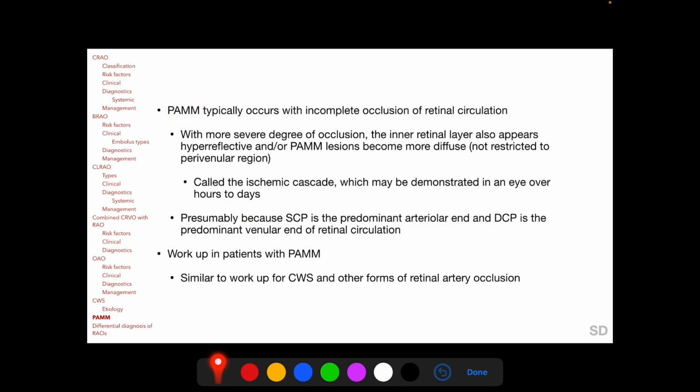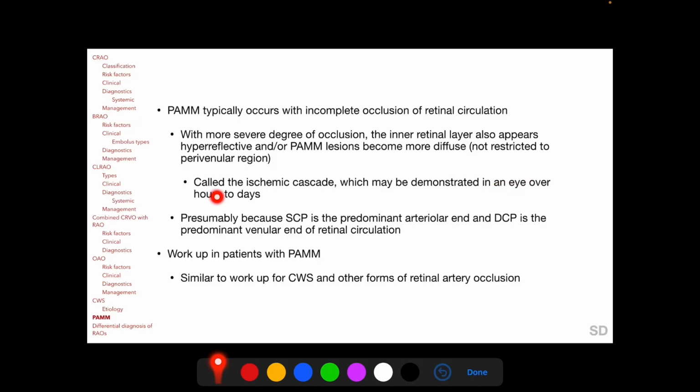PAMM typically occurs with incomplete occlusion in the retinal circulation, and with more severe degrees of occlusion, the inner retinal layer also appears hyperreflective in addition to the middle retinal layer, and/or the PAMM lesions become more diffuse and do not remain restricted to the perivenular location. This progression from the middle retinal layer to the inner retinal layer and from the perivenular location to elsewhere is called the ischemic cascade, which may be demonstrated in an eye over hours to days.